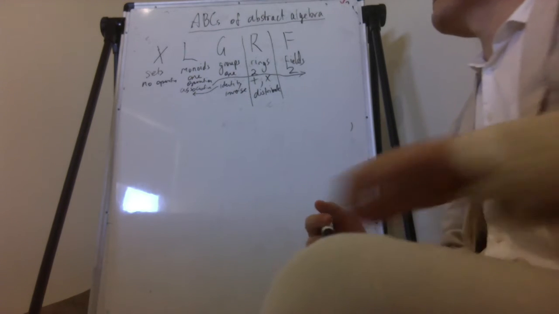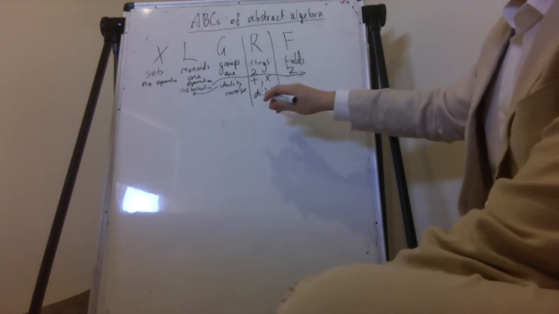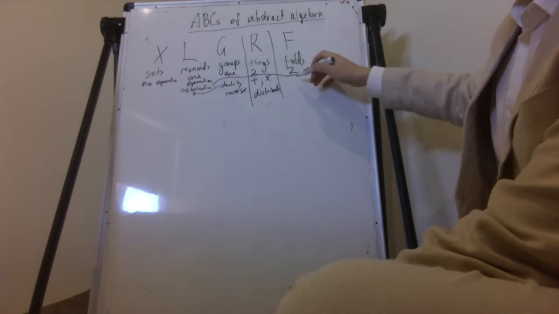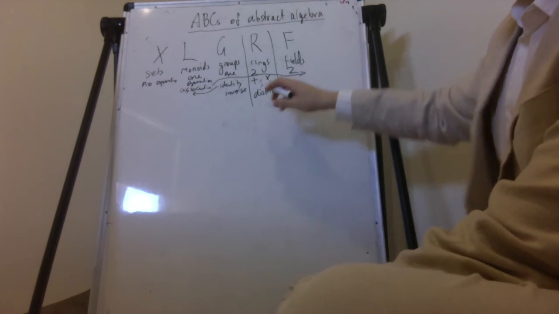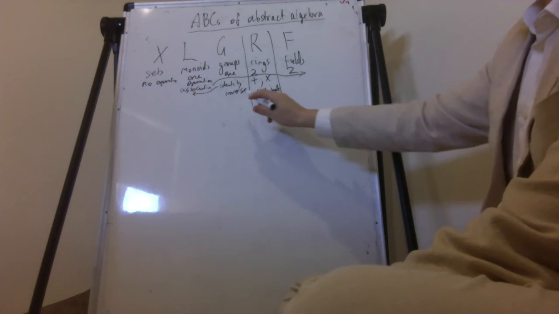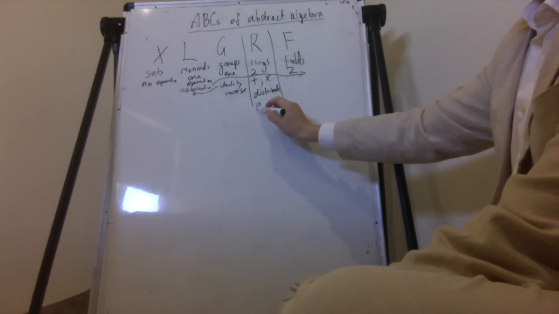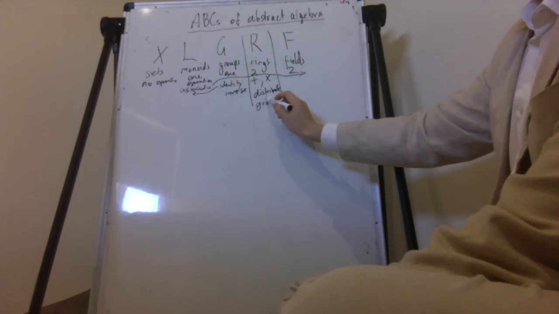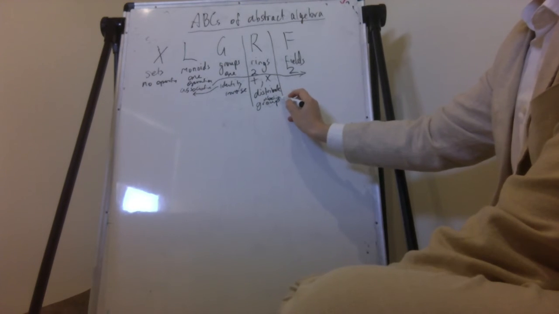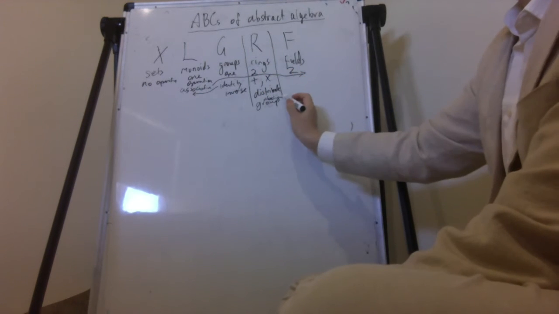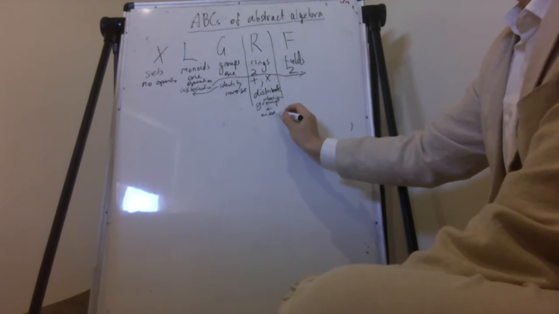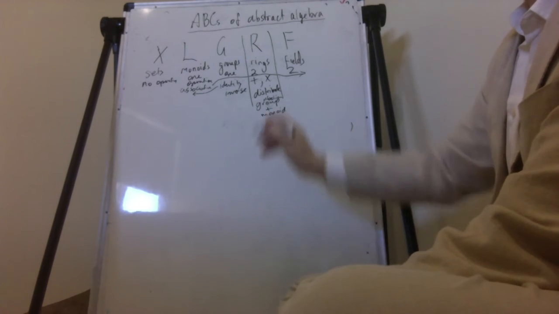Okay, so a field is basically a ring where everything has an inverse. Okay, so can you see? This is basically a group and a monoid, right? So it's an abelian group. Abelian means commutative, so the operation is interchangeable. Plus monoid that distribute with each other, yeah?